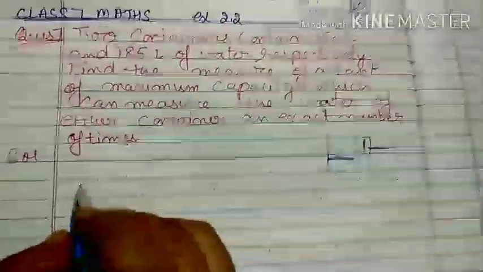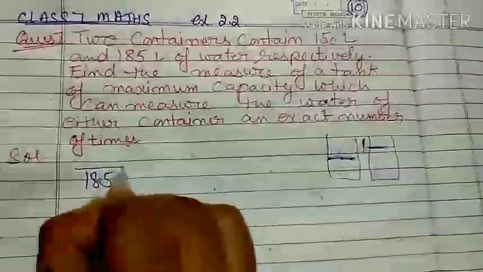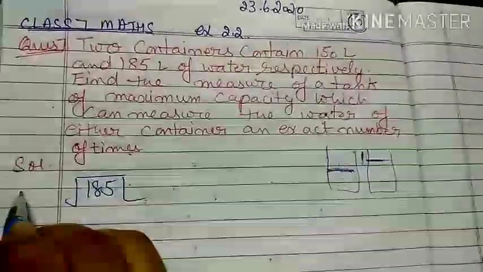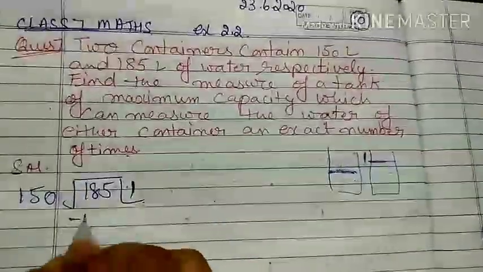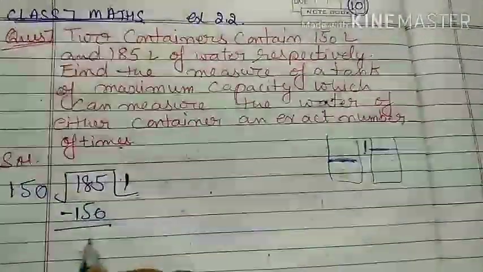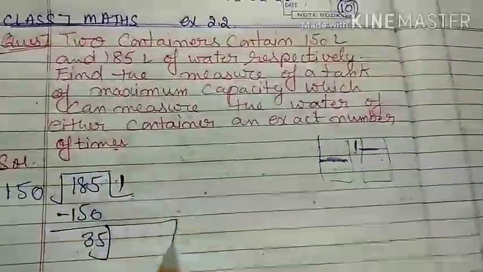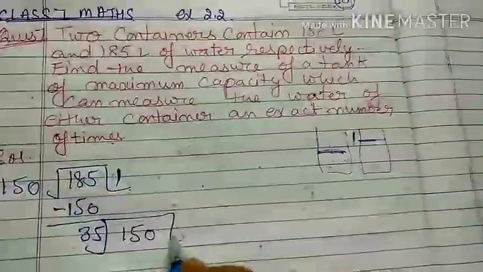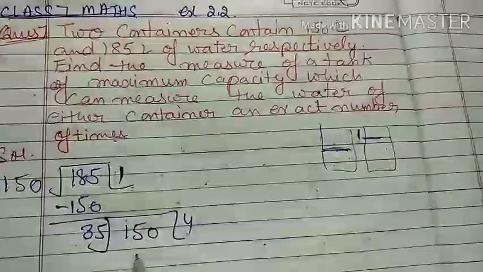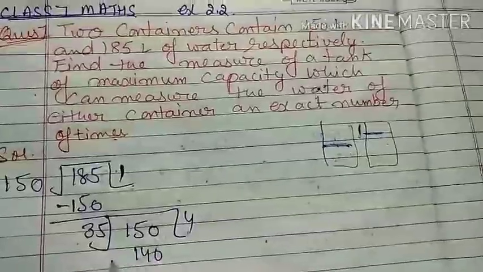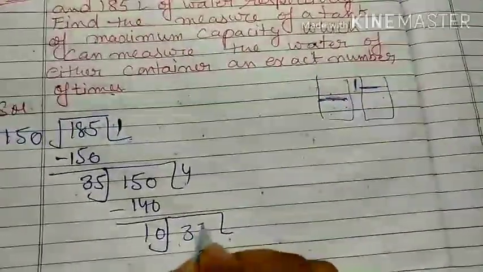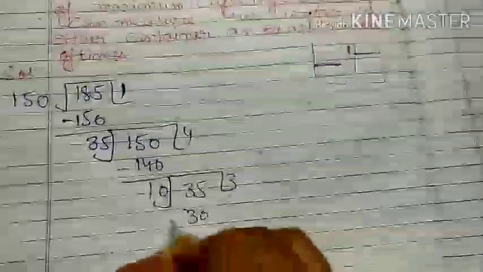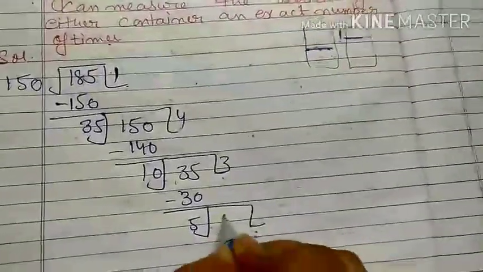So first you have to find the HCF of this. Here 185 is your bigger number and the smaller number is 150 liter. So you find the HCF of this to find the maximum capacity. After subtraction it gives me 35, and 150 divided by 35: 35 fours are 140. After subtraction it gives me 10, then 35 divided by 10: threes are 30, 5 twos are 10.